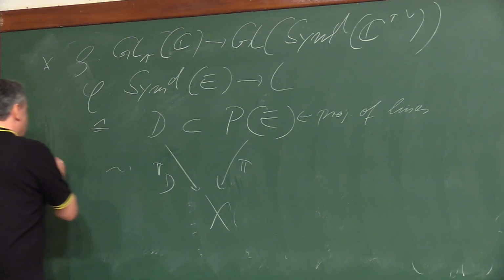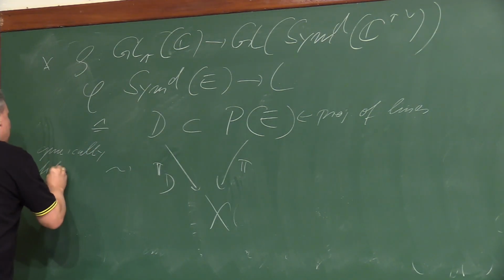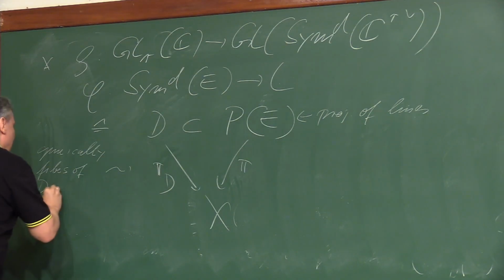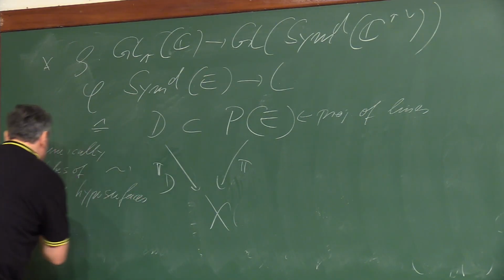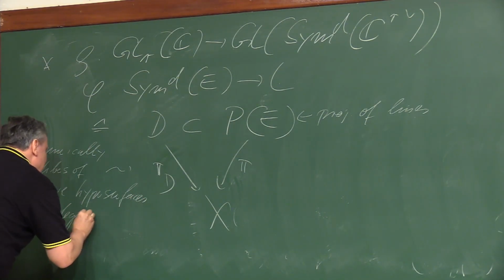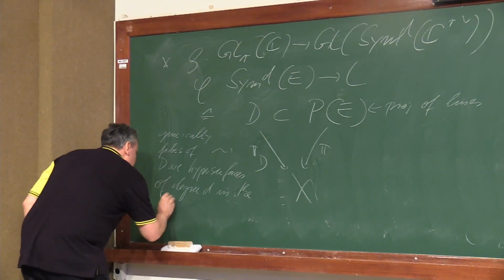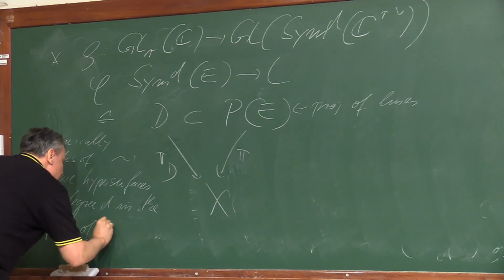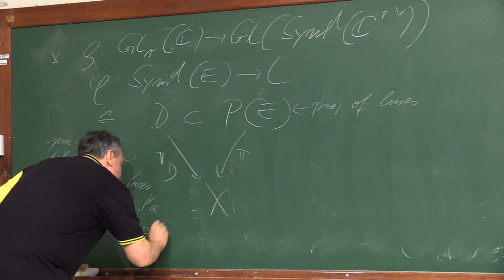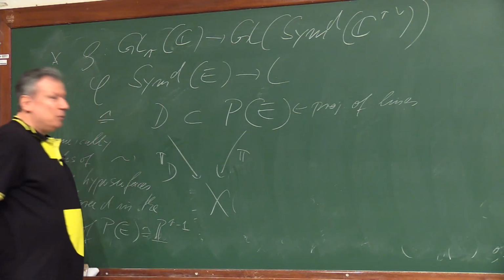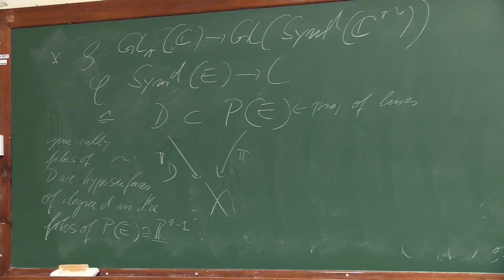And so generically, the fibers of the map are hypersurfaces of degree d in the fibers of P of E. So it's a nice geometric object which is fibered over the curve, say in hypersurfaces of a certain degree.